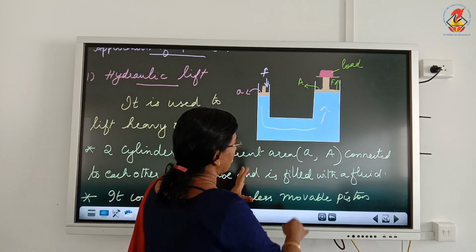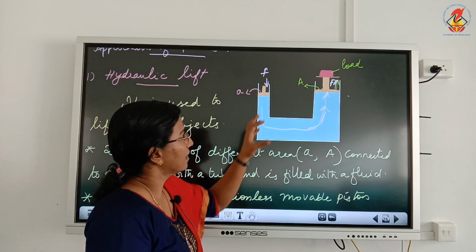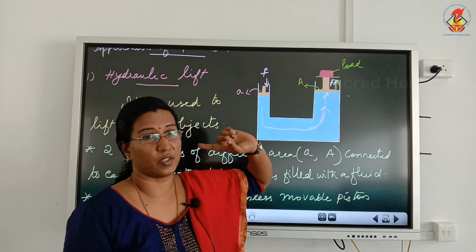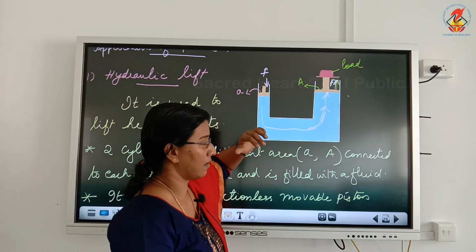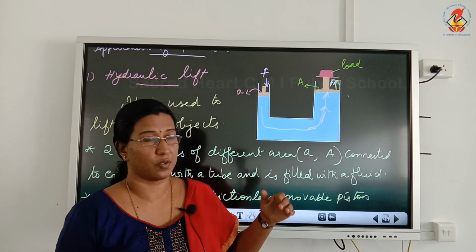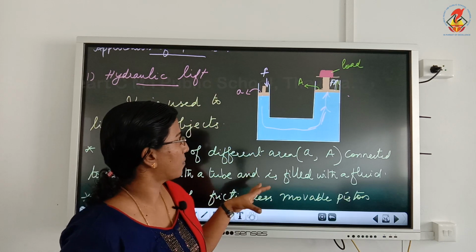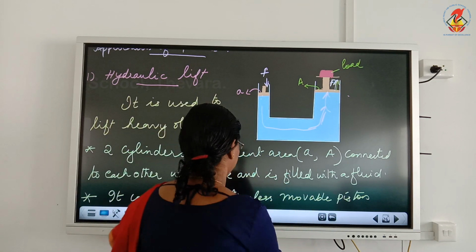And as a result, because of the pressure, the piston on the other side will move up with the force capital letter F. Okay? And we will find that this force will be greater. The force with which the piston moves up on the other side will be definitely greater than the amount of force which we have applied to this side of the piston. And hence using this principle, we will be able to lift heavy objects. Okay?